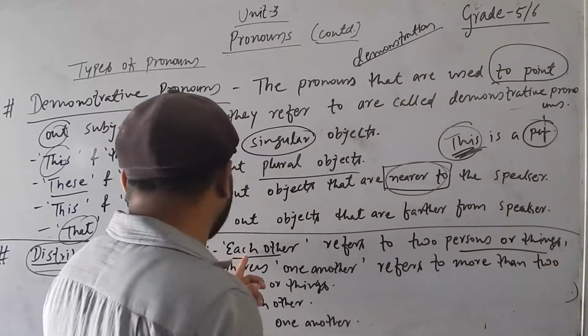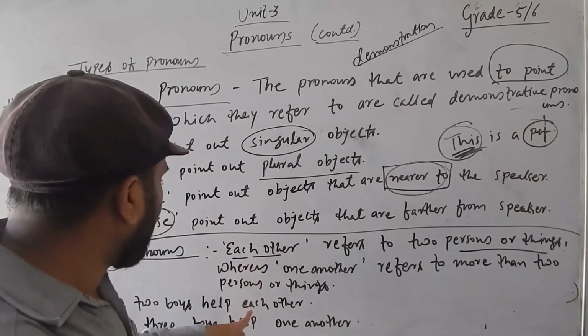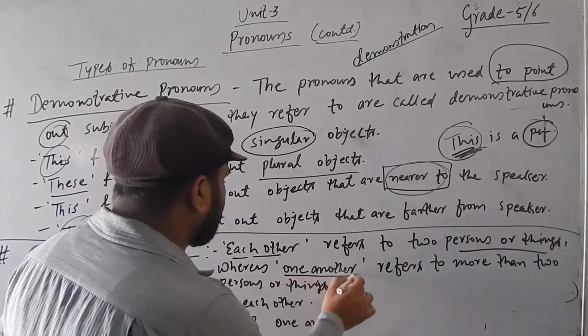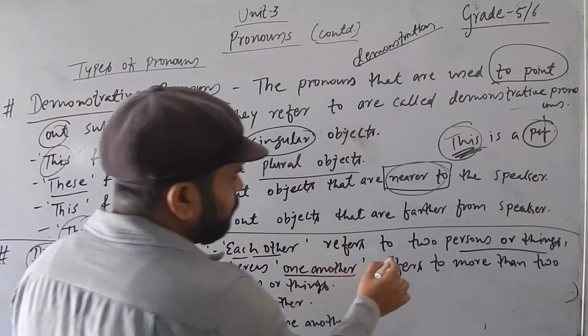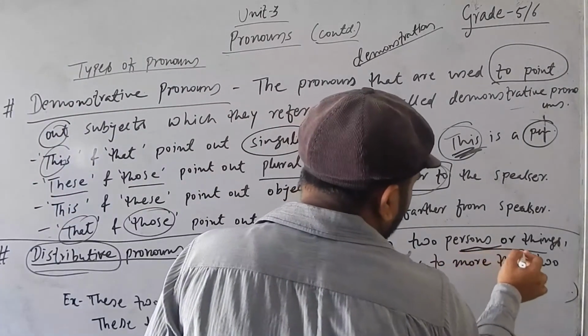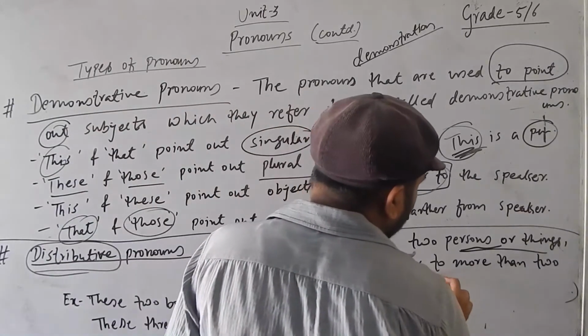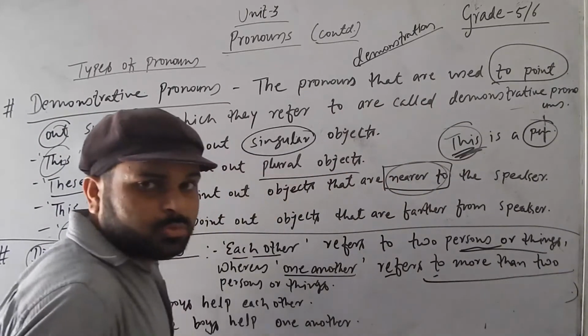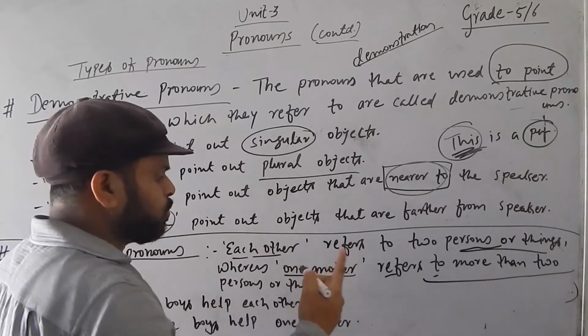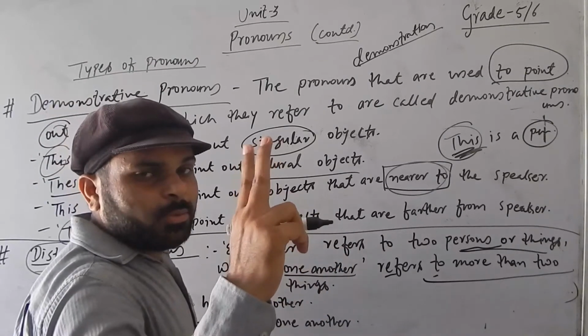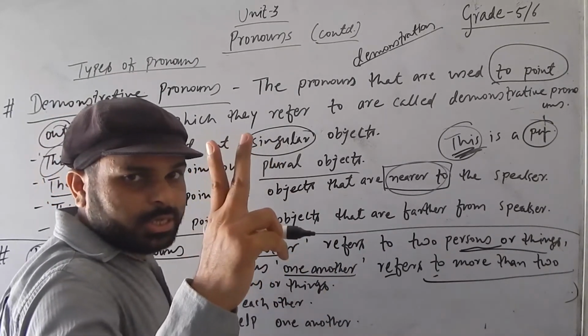Yesterday we talked about distributive pronouns, that is, each other and one another. See, each other refers to two persons or things, whereas one another refers to more than two. Each other is talking about just two persons or things.